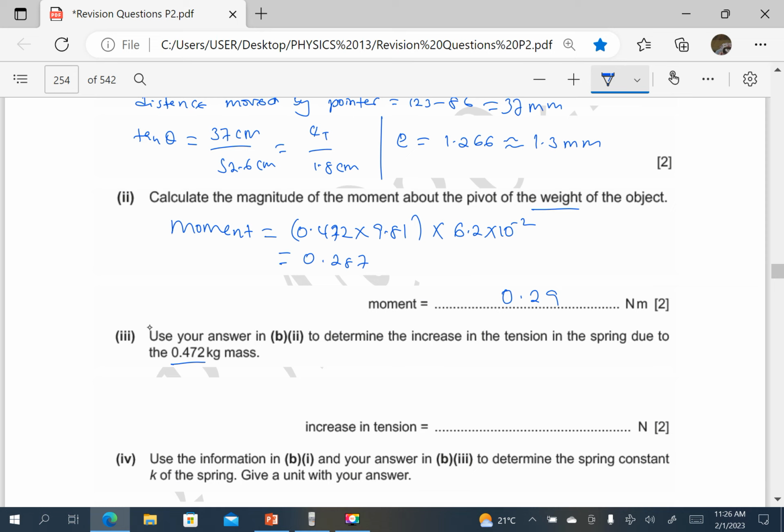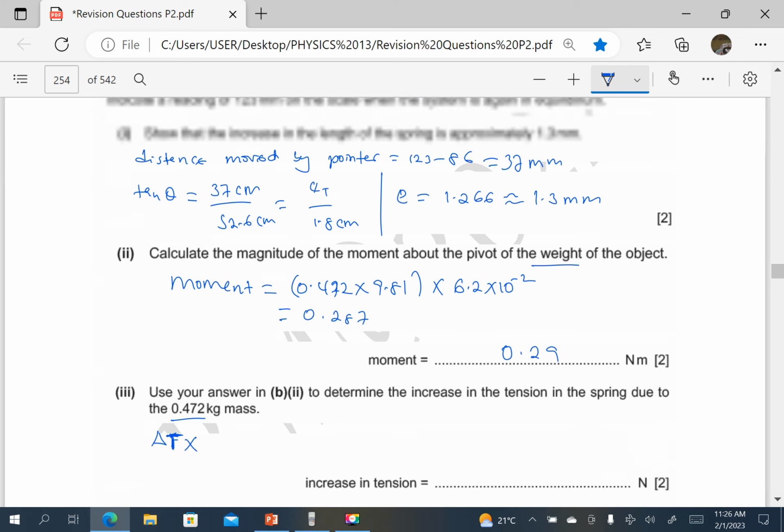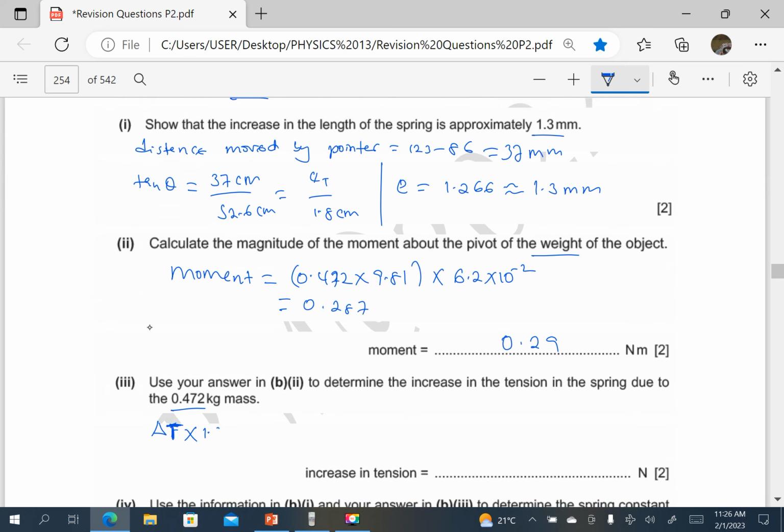So using the principle of moments, the increase in the tension in the spring, which I will call delta F or delta T, times the perpendicular distance of the spring, which is 1.8 times 10 power negative 2, should give us this moment caused by the weight.